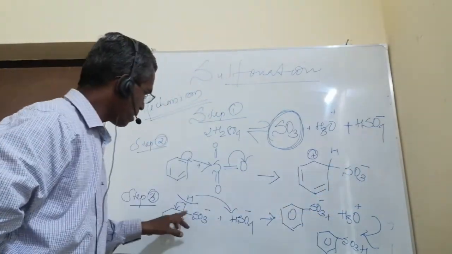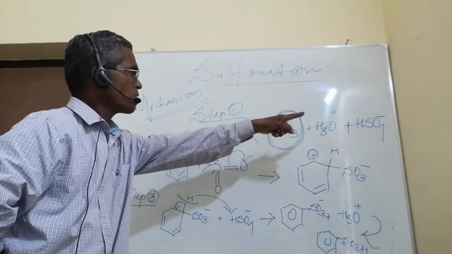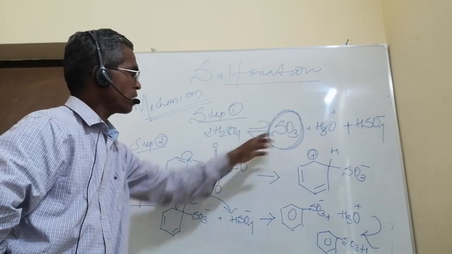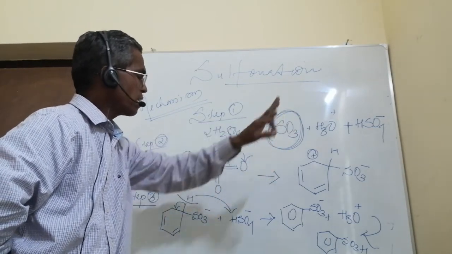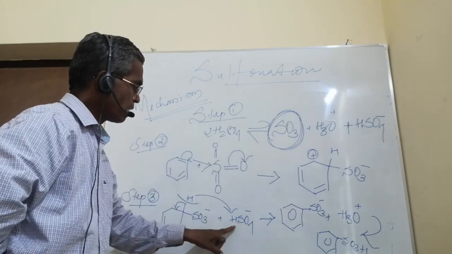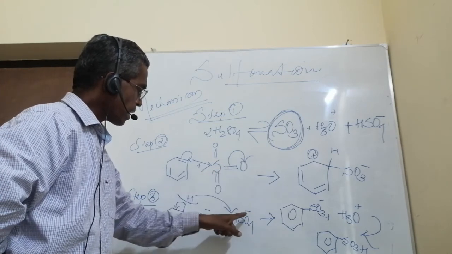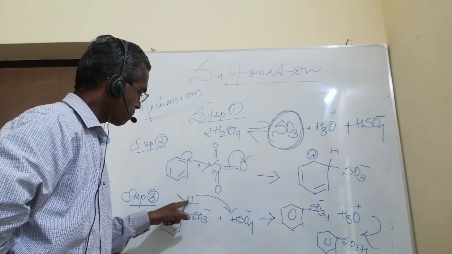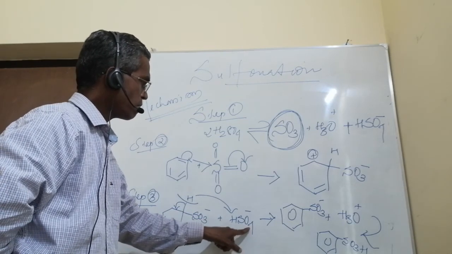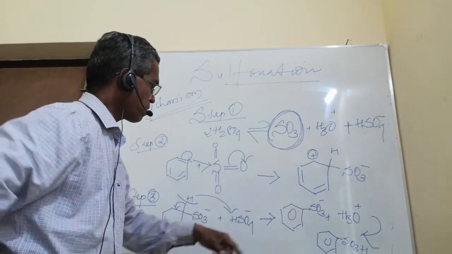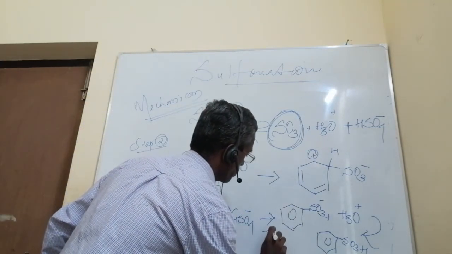And in step number 3, what are the things formed in the medium from the first step? One is sulfur trioxide that was involved in the electrophilic attack. Second is H3O+, and the final one is HSO4-. The HSO4- species attracts the proton without its bonding electron, and this HSO4- as a result will be converted into H2SO4, minus H+.